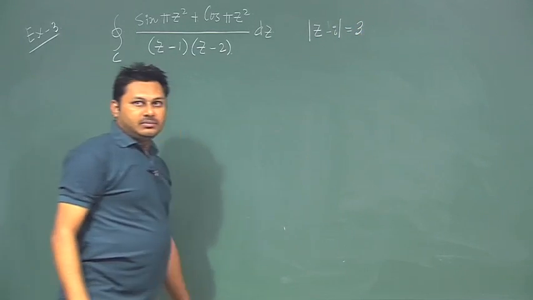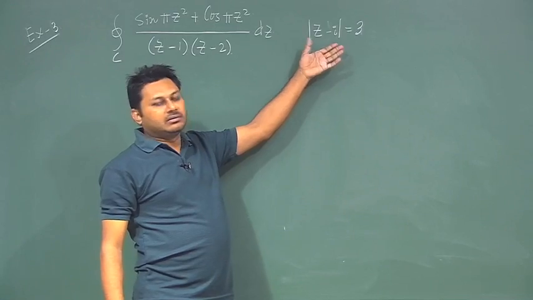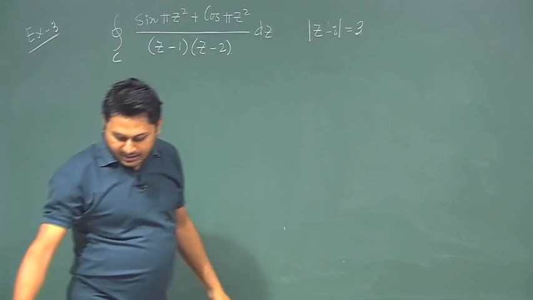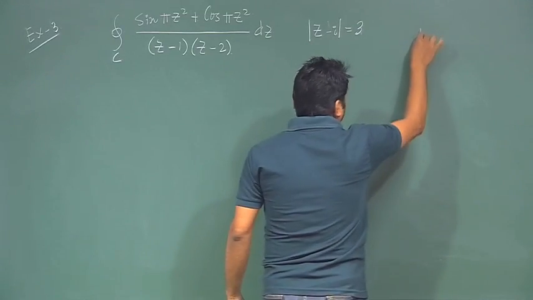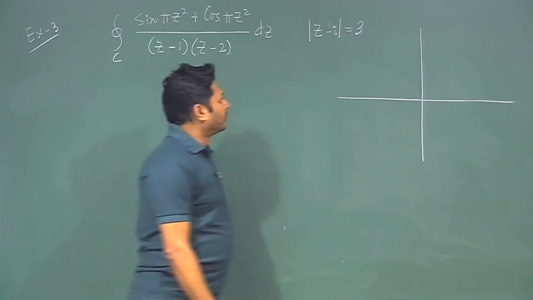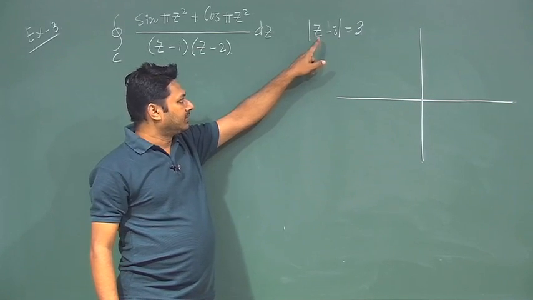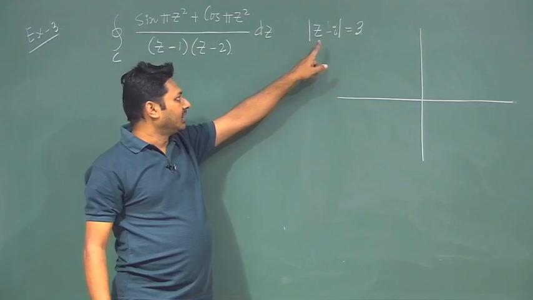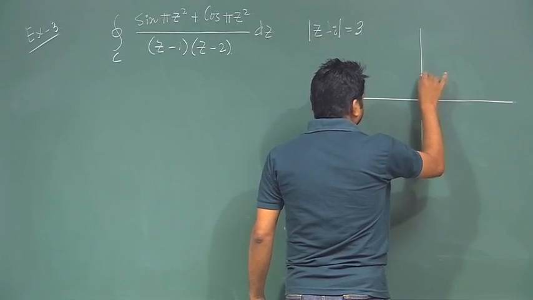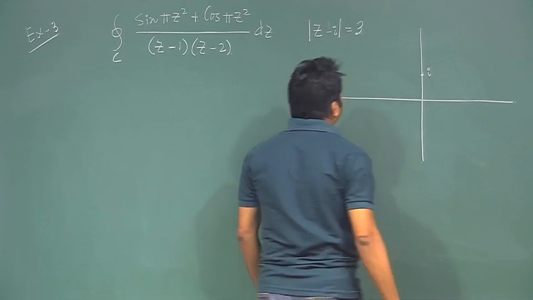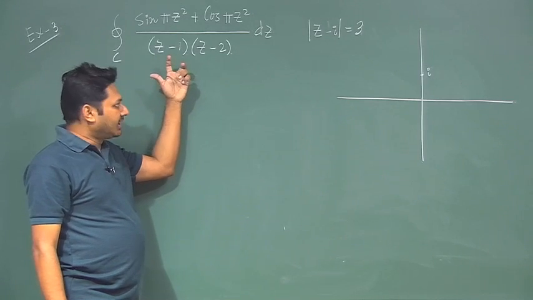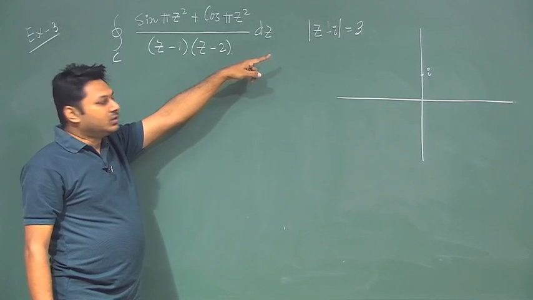This contour is interesting because it is slightly different, not a very different kind of contour. This is just another sort of contour, where the circle, this is the circle, and the center is at this point, say I. First we need to find out how many singularities are there in that contour, whatever contour I am going to draw.